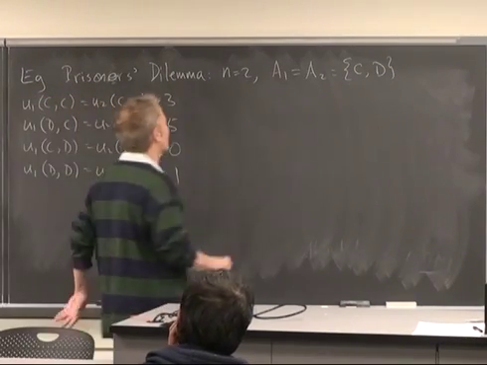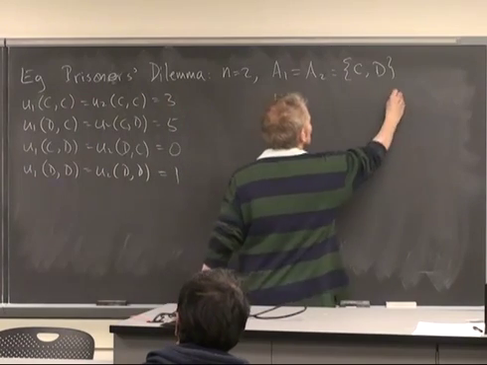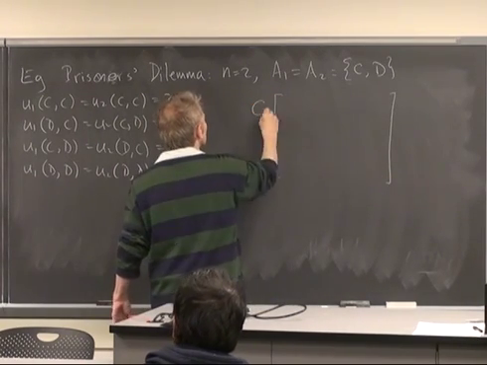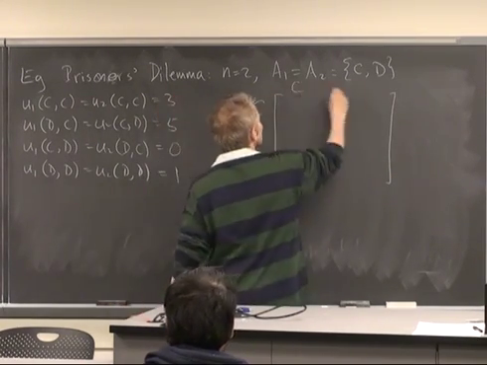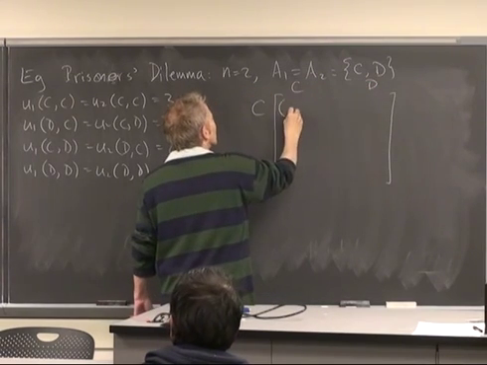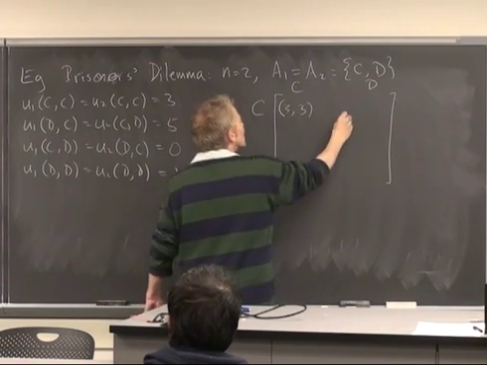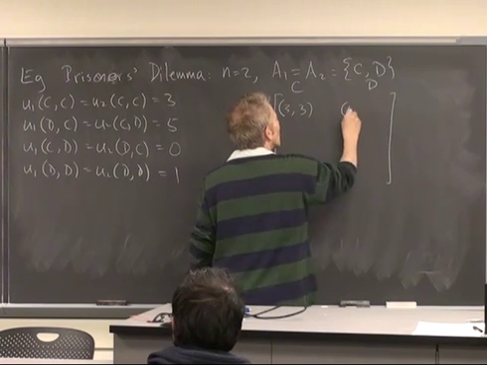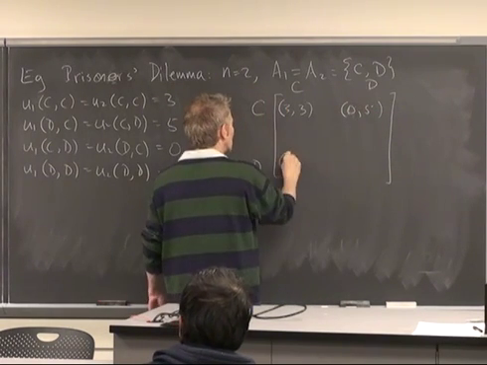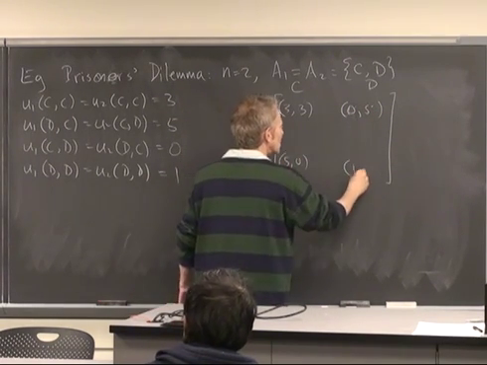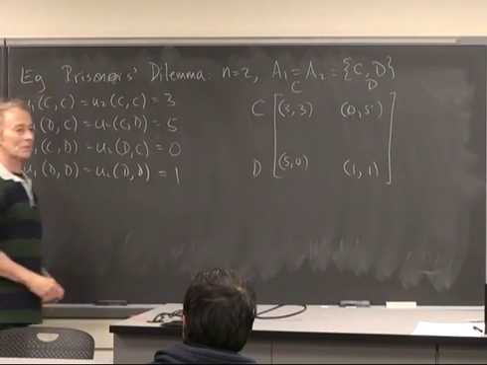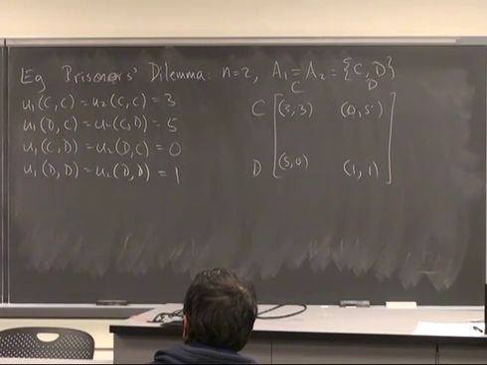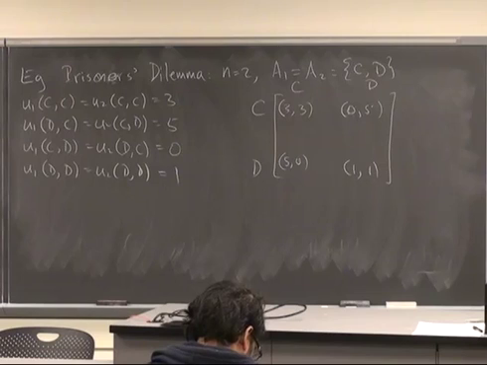And here's how you represent that in a matrix. The actions for player 1 index the rows, the actions for player 2 index the columns, and the entry in a given location is the pair of payoffs that accrues to the players given that that outcome occurs.